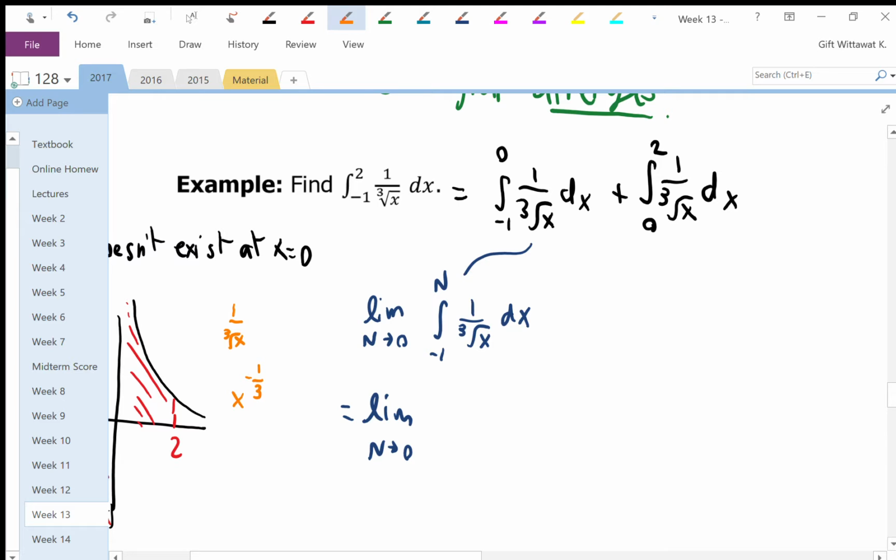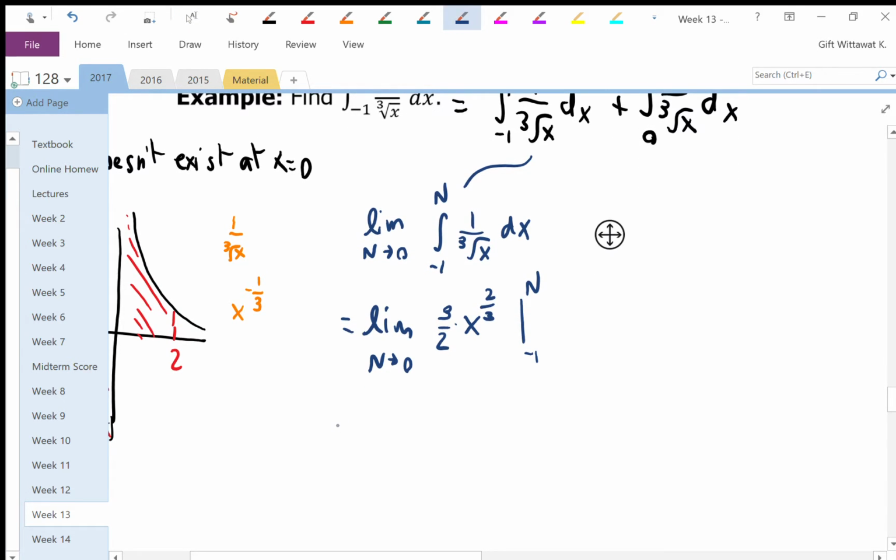If you integrate it, you add 1 to the power, which gives 2 thirds, divided by 2 over 3, which is the same as multiplying by 3 over 2. This makes sense because if you take the derivative, the 2 thirds comes down and cancels with the 3 halves, and reducing 2 thirds by 1 gives negative 1 third. And this goes from negative 1 to n.